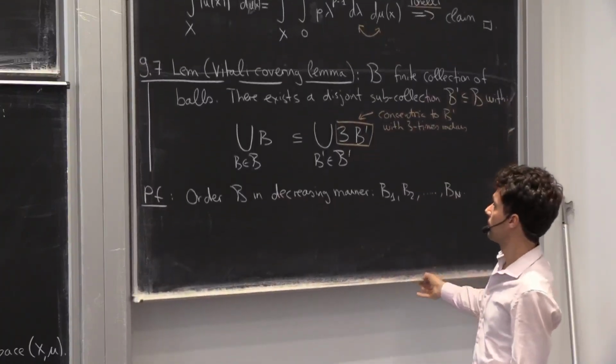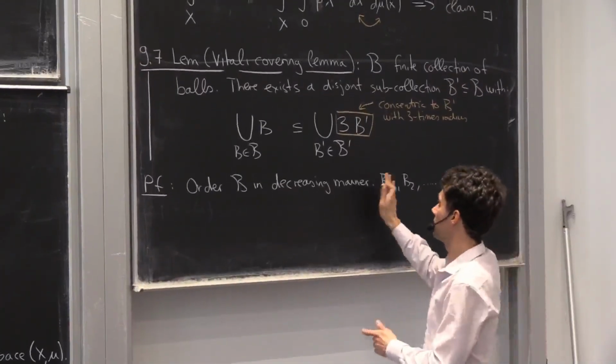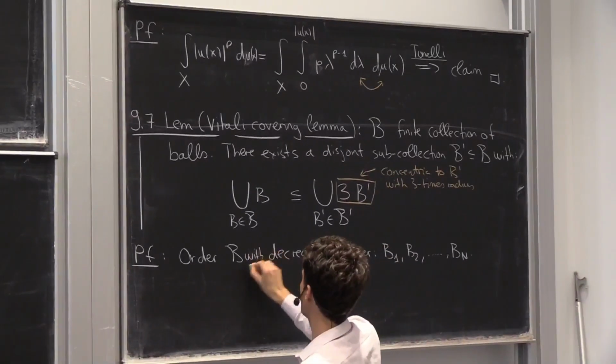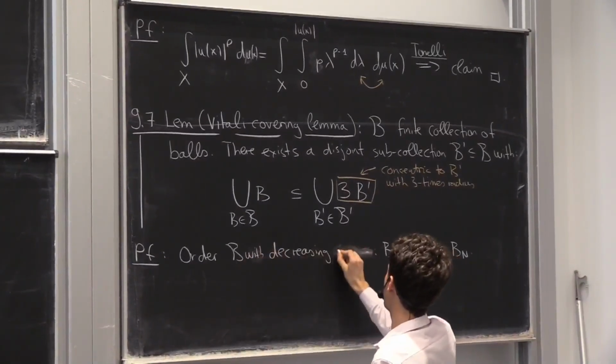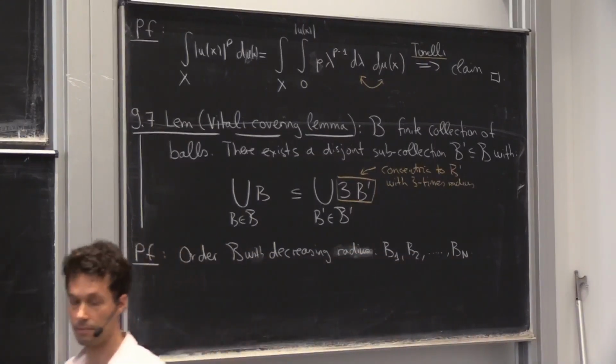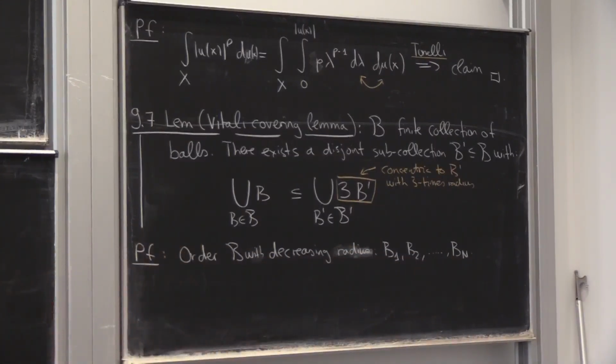Order B with decreasing radius. Right, so what should decreasing mean? I take B1 as the ball with largest radius, and then I order them in a way that the succession of radii is decreasing.